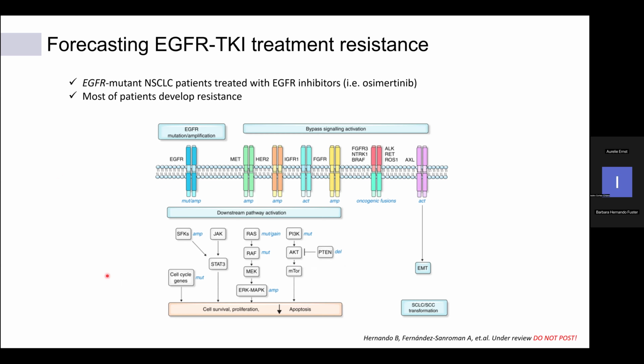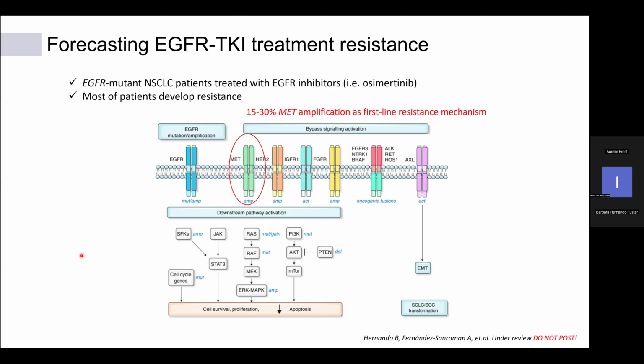And here in this figure, you can see all the different mechanisms that are leading to resistance to EGFR inhibitors. One of the canonical resistance mechanisms is MET amplification. And this is quite important as a resistance mechanism because it occurs in 15 to 30% of all non-small cell lung cancers.